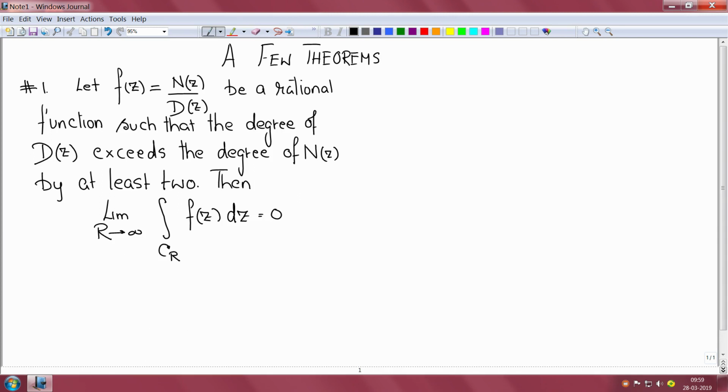We have already used this idea. Now we will refer to this as the degree of polynomial theorem. Whenever we need it, we will call it the degree of polynomial theorem.